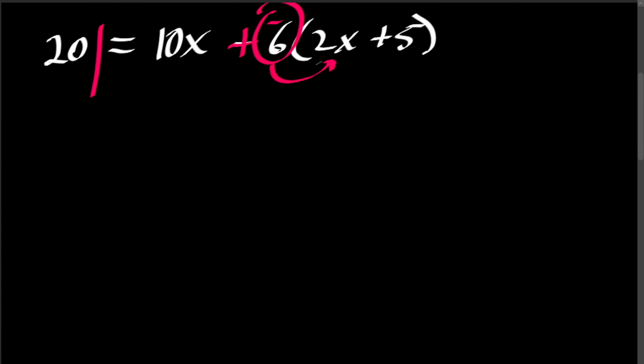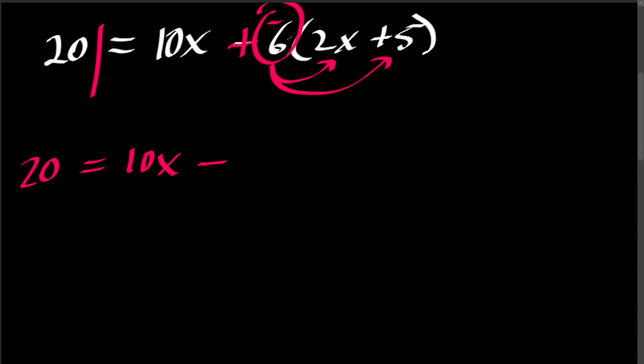So we're going to distribute negative 6 to 2x and to 5. Everything else is going to come down like it is. So 20 equals 10x. Now we're going to let the sign that's created by negative 6 times 2 dictate if we say minus or if we say plus. So when I do negative 6 times 2x, I get a negative number, so I'm going to say minus.